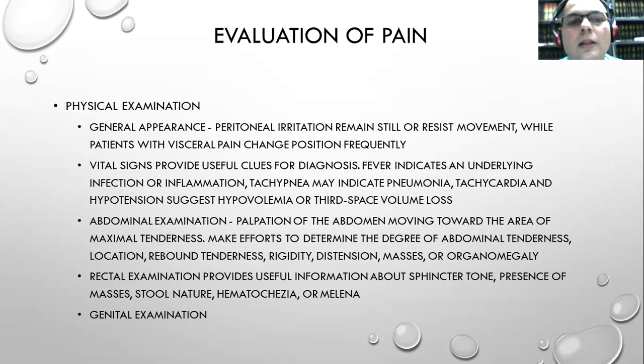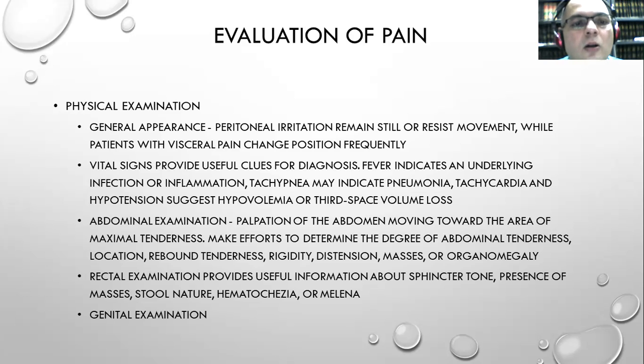While patients with visceral pain change their position frequently, because where the visceral receptors are involved, the stretching or the chemical irritation might decrease with change in position. So the child will be trying to find a position where he will feel less pain. Whereas when the somatoparietal peritoneum is involved, the child will remain still.